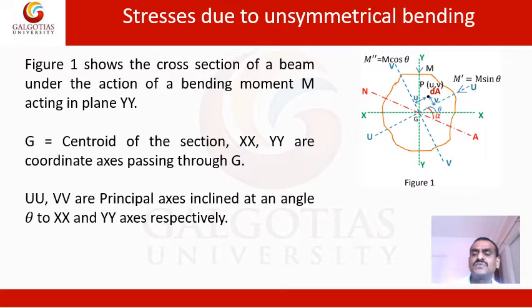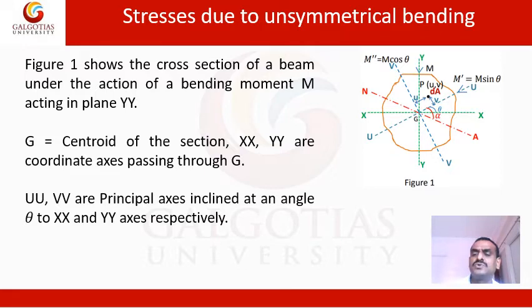This cross section is subjected to bending moment M. Because of bending moment M, the cross section is twisted to another axis, called the UU and VV principal axes, which make an angle theta with respect to the x-axis.